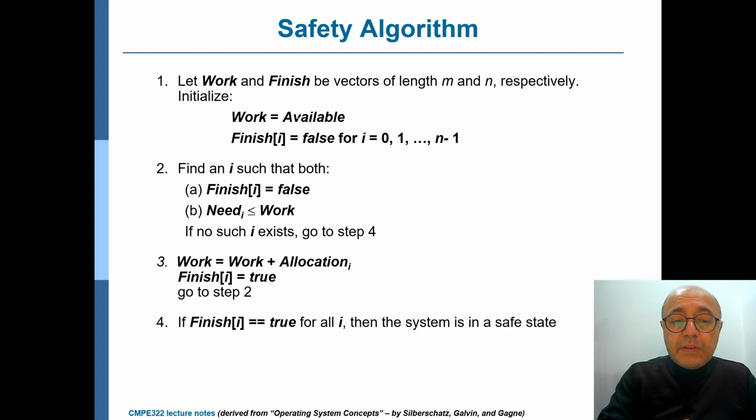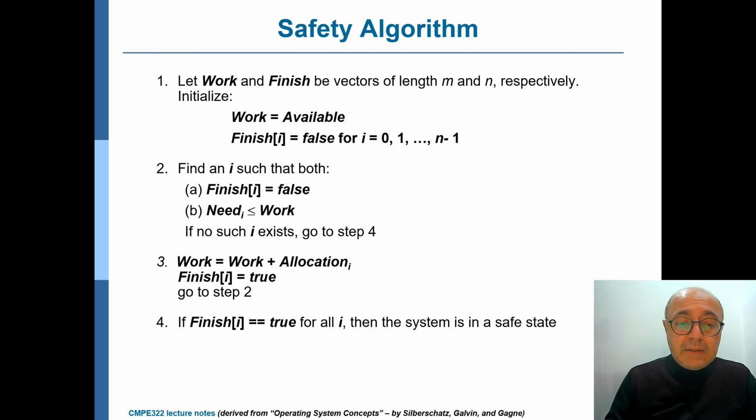Remember, work was initialized to available. So if you can satisfy the needs of process i, which is need sub i, with the currently available work vector, good, that process could be completed.